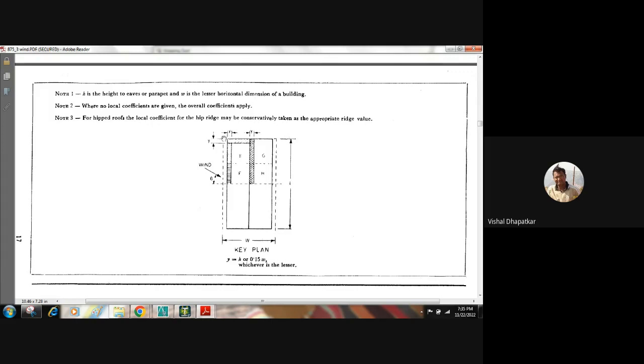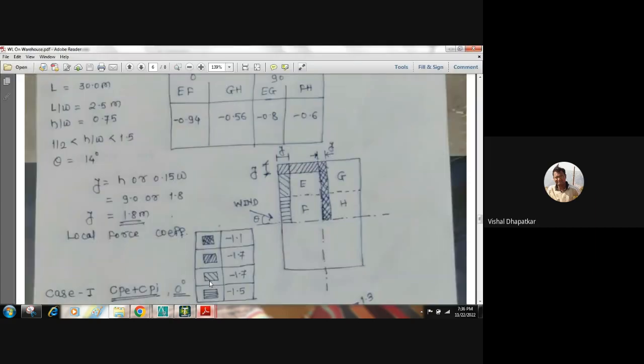H is the height of the building. In our case, h is 9 meters and 0.15 of the width is 1.8 meters. Whichever is less will be our width for the application of the local force coefficient.